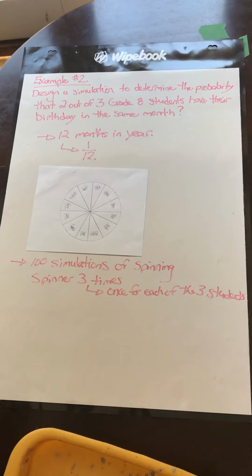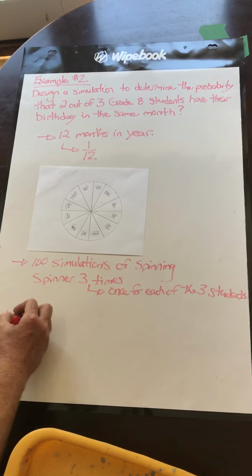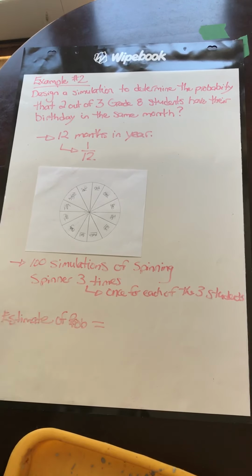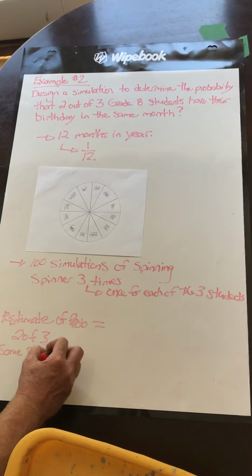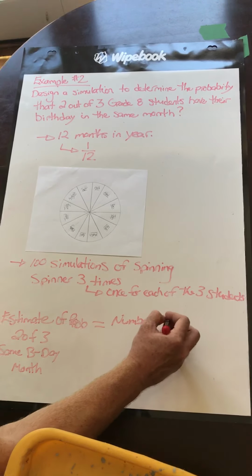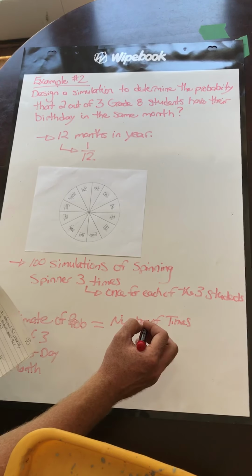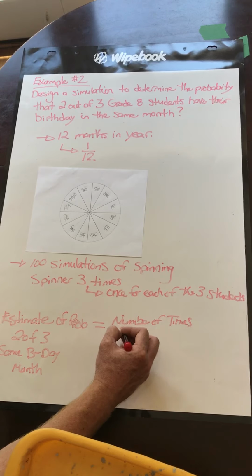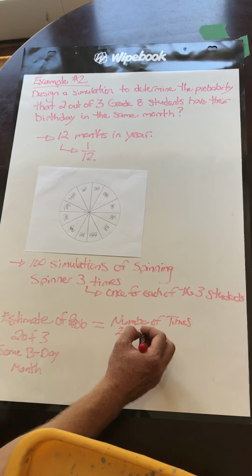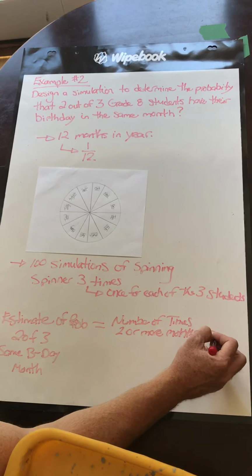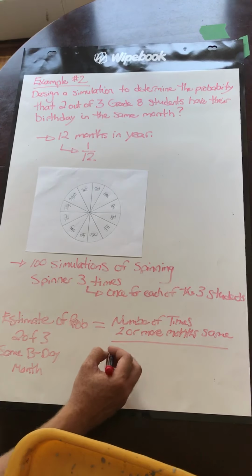And then we can say that an estimate of the probability that 2 out of 3 grade 8 students have the same birthday month would equal the number of times two or more months were the same divided by the number of simulations conducted.